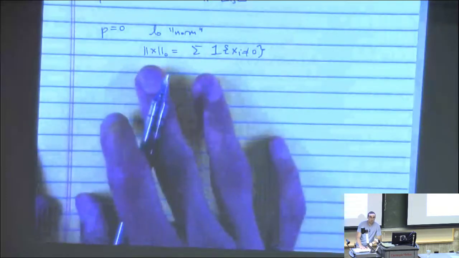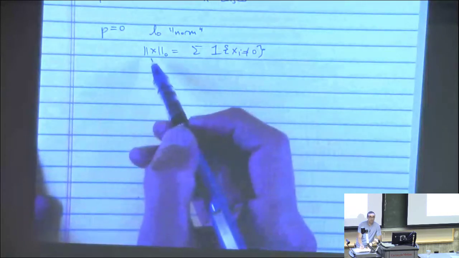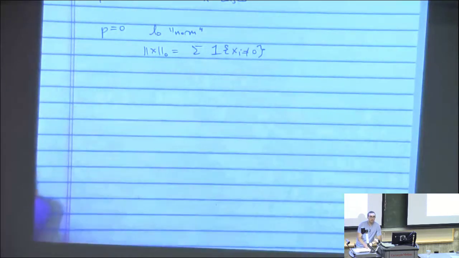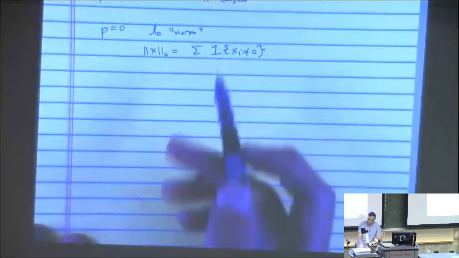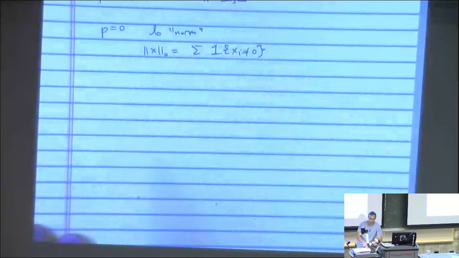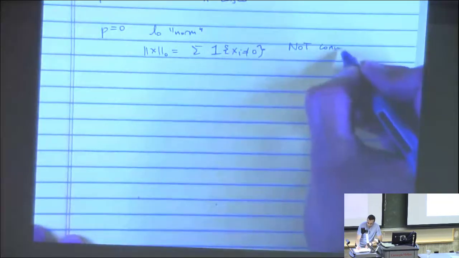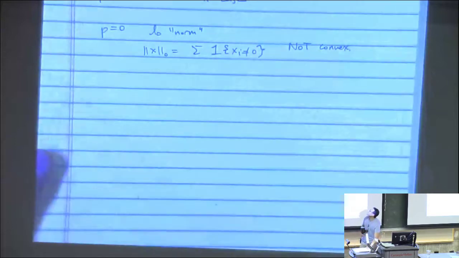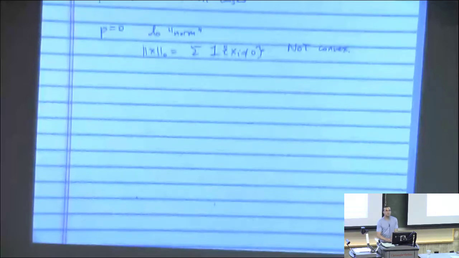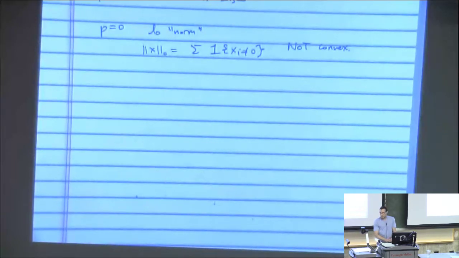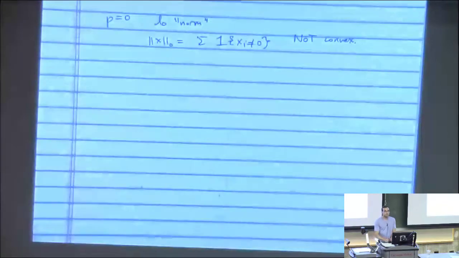It's not actually a norm because it doesn't satisfy positive homogeneity. If I take the norm of a times x for a positive a, it doesn't change at all. It's just the number of non-zeros. So it's not a norm. It's not convex. Not our friend for now. But it is very interesting. It's elusive. So yeah, that's a good related point. Any other questions?